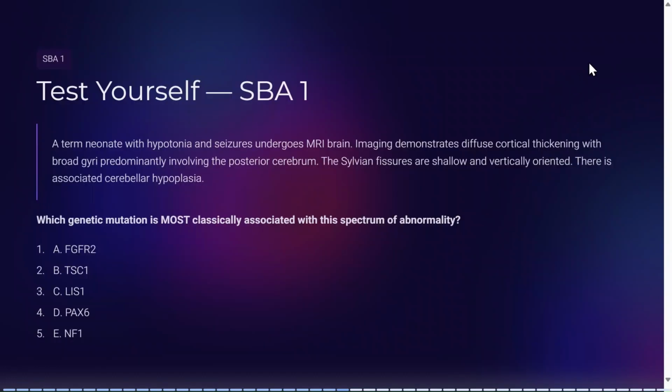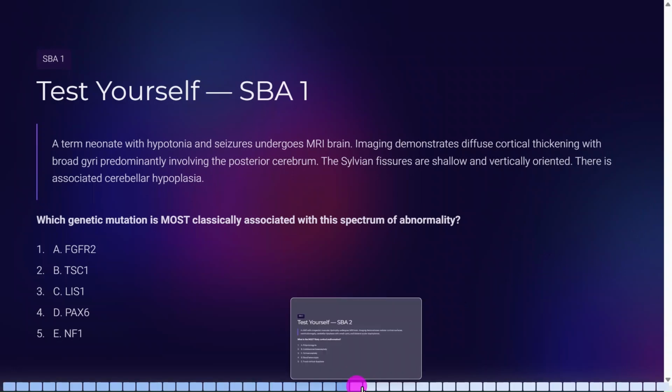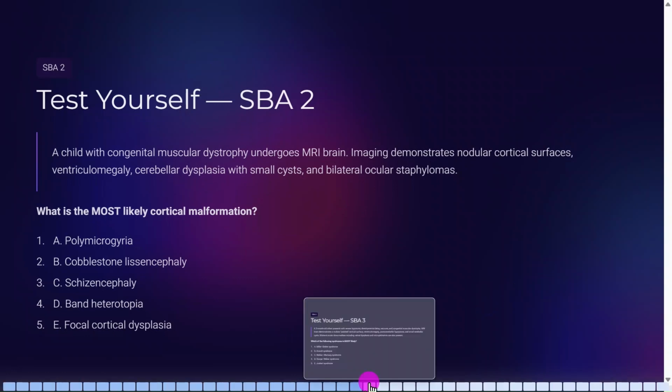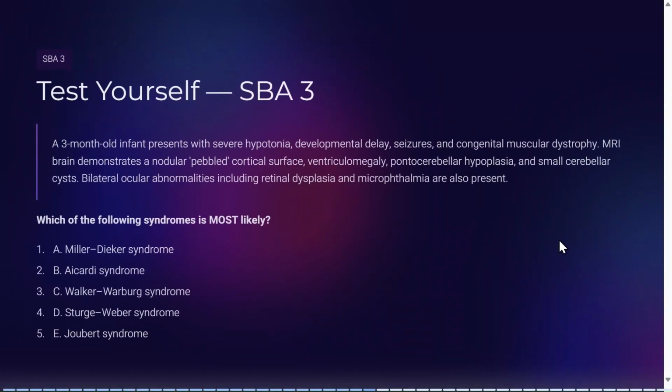Now let's have a look at some SBAs. You can and you should try to solve these. This is the first one. Now let's review the second one. The third one.